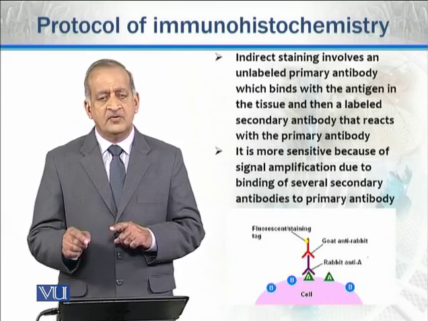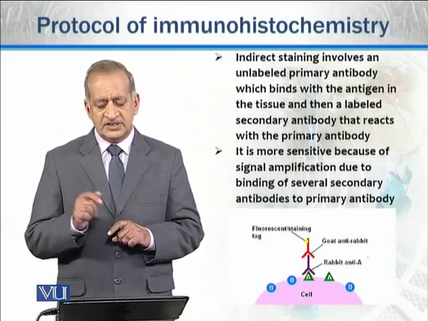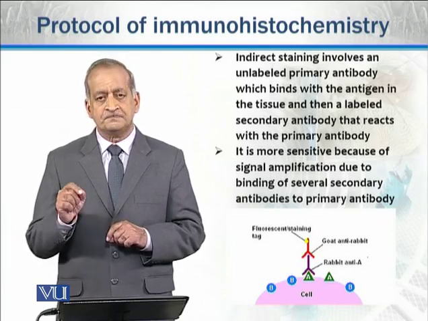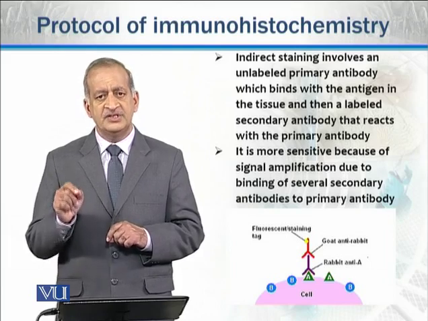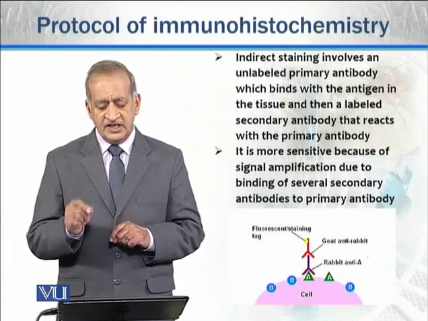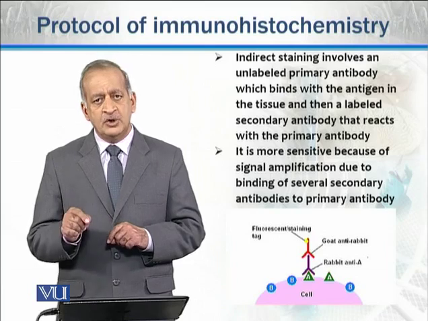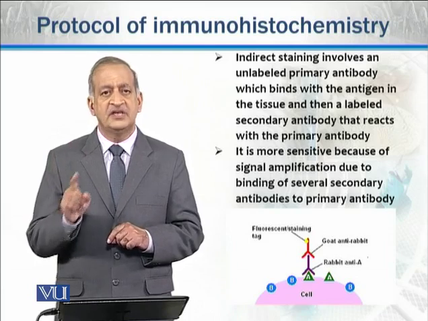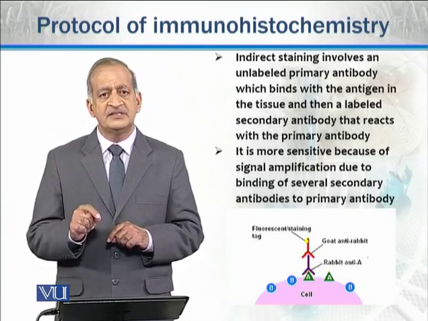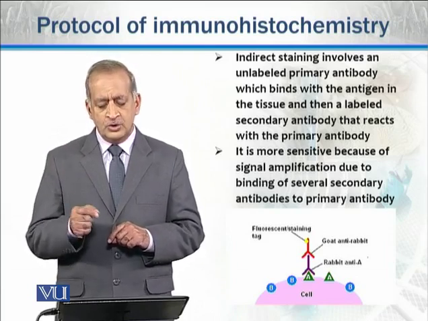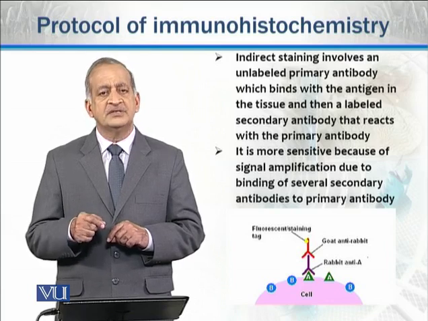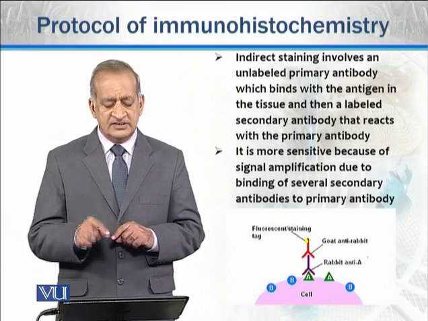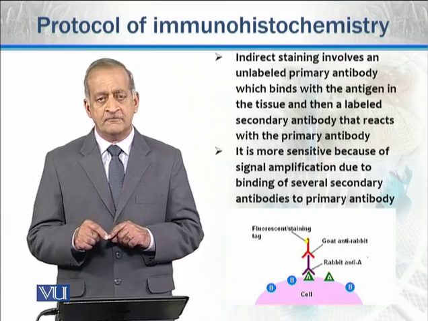Here again, if there is A antigen present in the cell, this is detected by rabbit anti-A antibody, and then this rabbit anti-A antibody is detected by another antibody, the secondary antibody, which is labeled here. This must be raised in some other animal, for example a goat anti-rabbit antibody, and this secondary antibody, we can see here, is the labeled one.